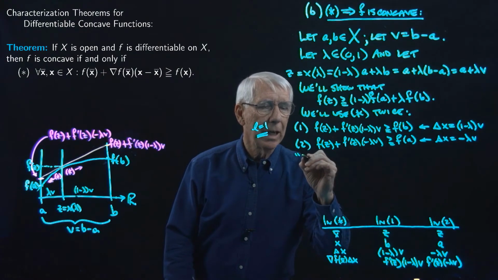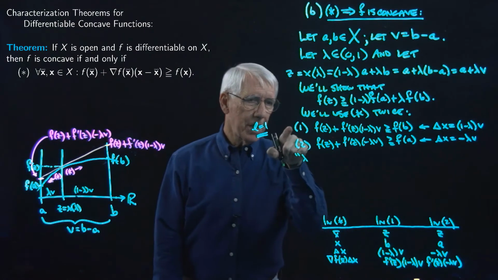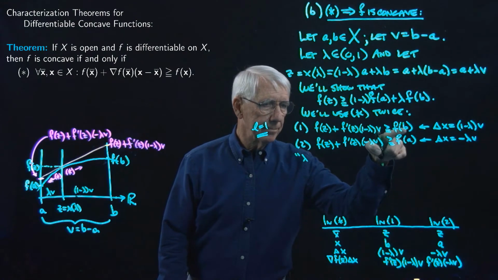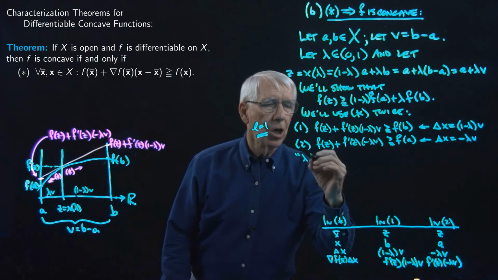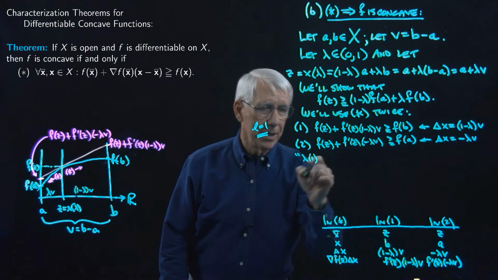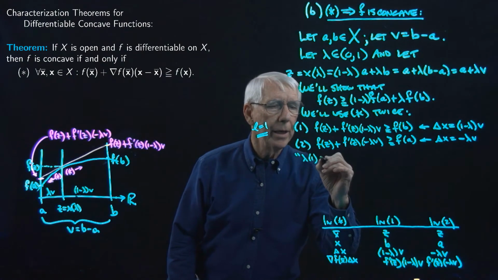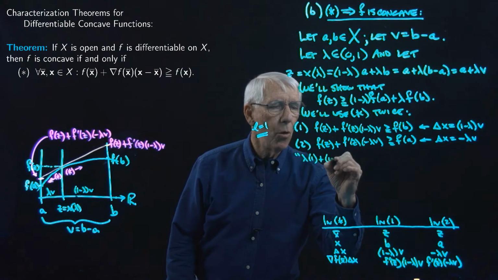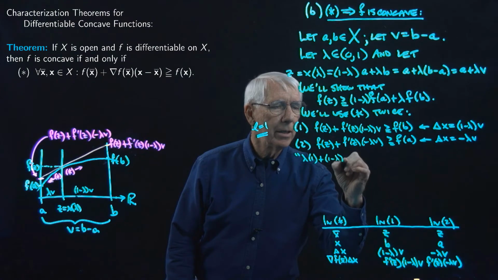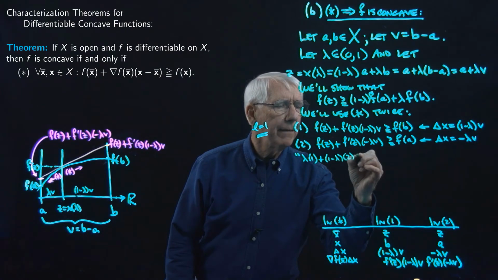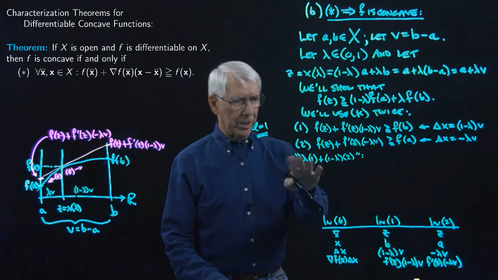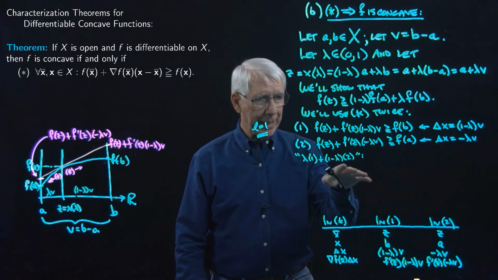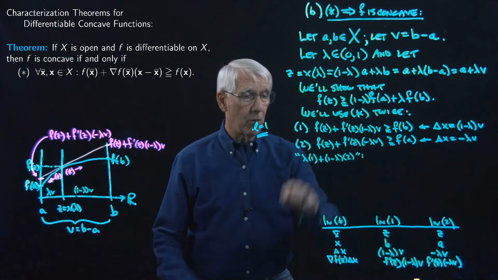I'm going to take lambda times the first inequality, so it's inequality 1, and I'm going to add that to 1 minus lambda times the second inequality. Okay, so that looks a little odd because that's not something we normally write, but let's just carry it out and see how it works.